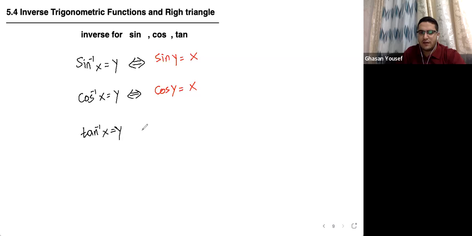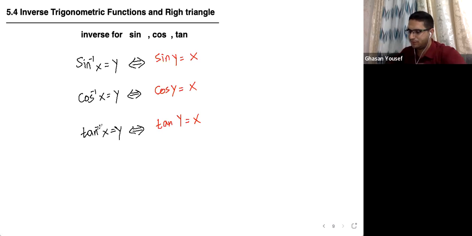If you take the tan of both sides, you will get tan of y equals x. But I cannot take the tan of both sides for any function. So that's why I'm going to restrict the domain for the function.